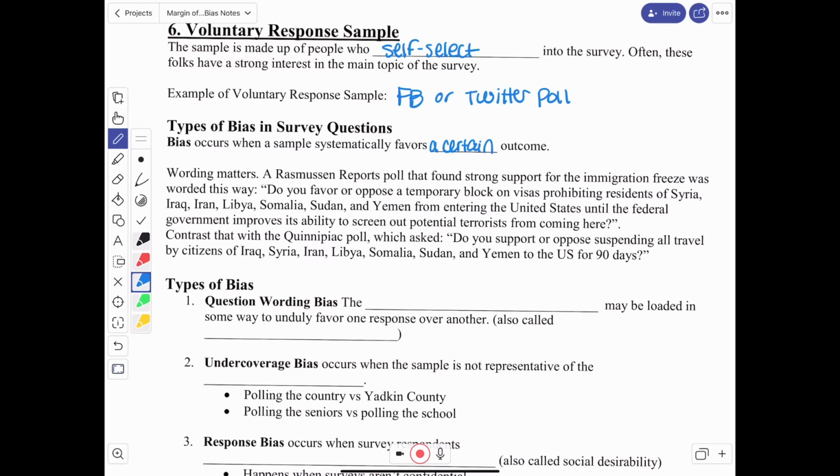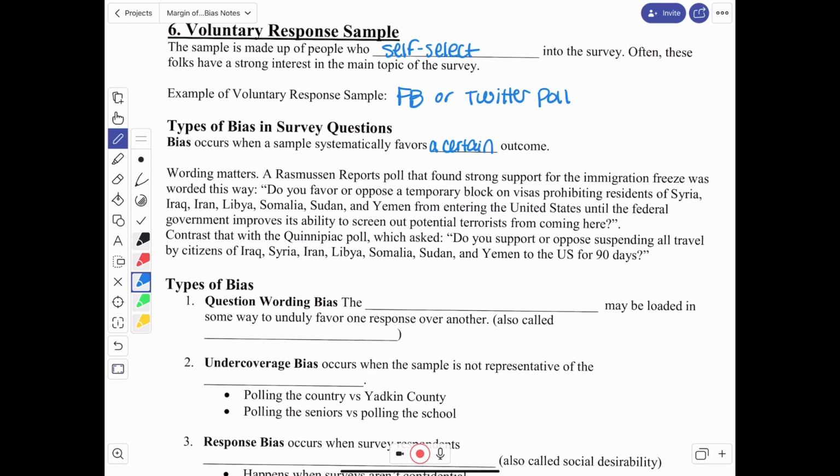Basically it's the same question, but worded extremely differently. Regardless of your political views, these were two very differently worded questions. So if we look at this, we have the way that they were worded.